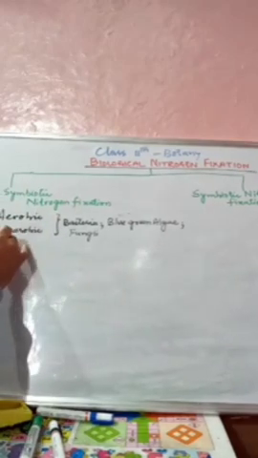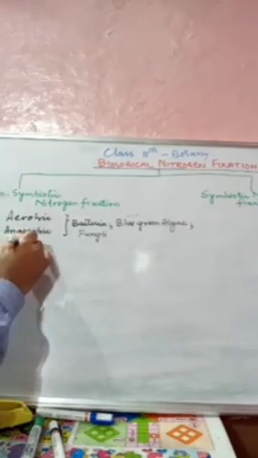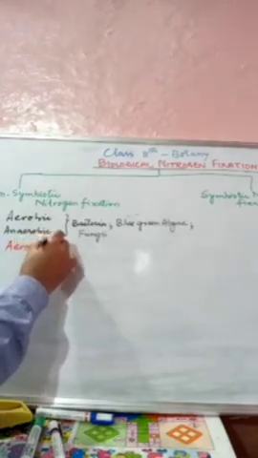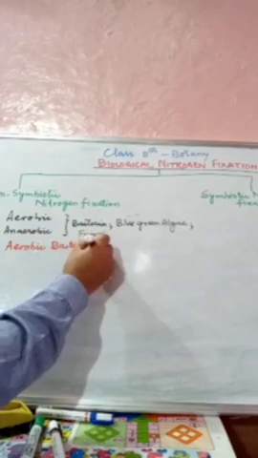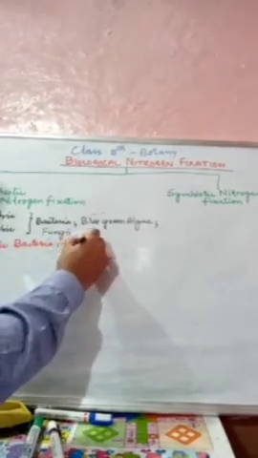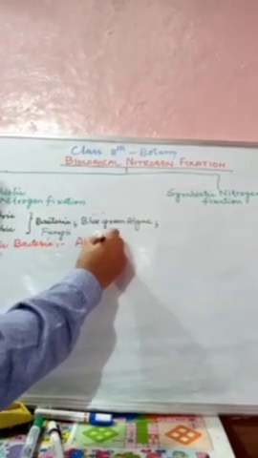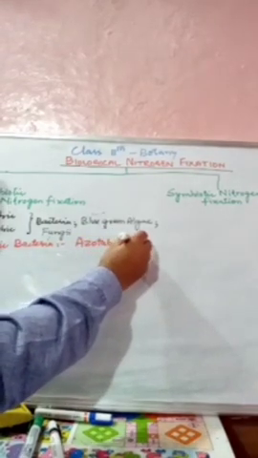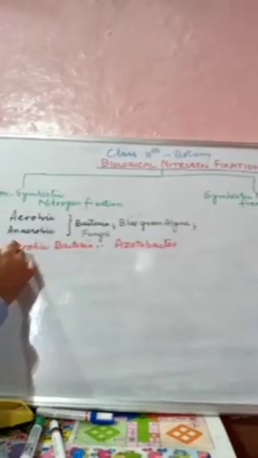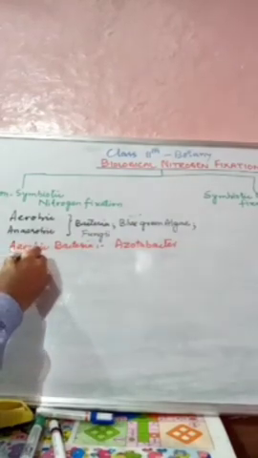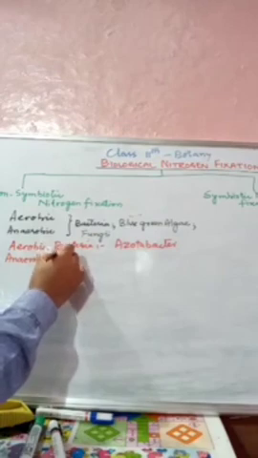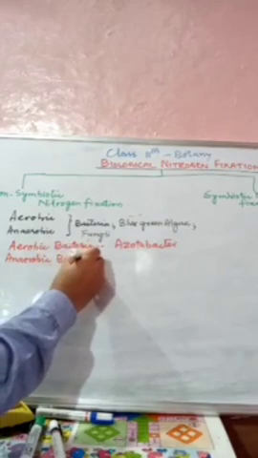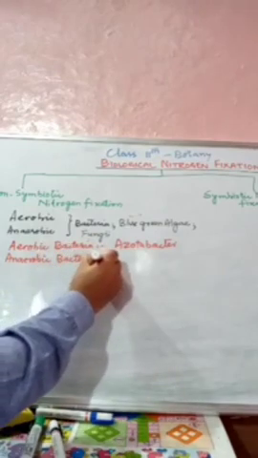First, aerobic bacteria. If we talk about aerobic bacteria, it is shown by Azotobacter. Then we have anaerobic bacteria.